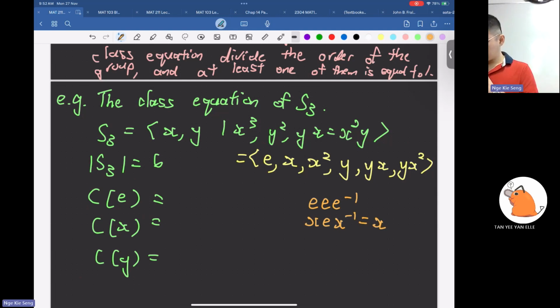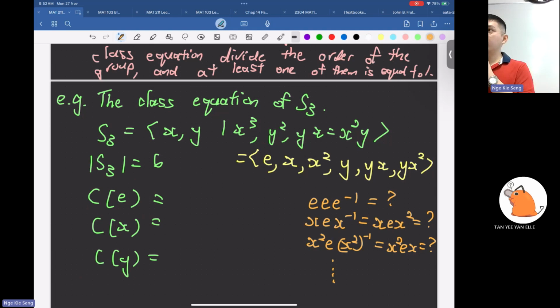It is X squared. And then X squared E, X squared inverse equals what? And so on. For E, you only get E.